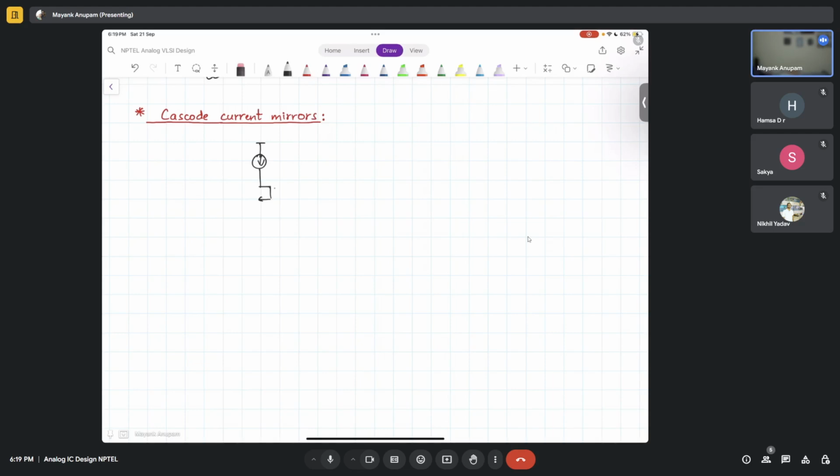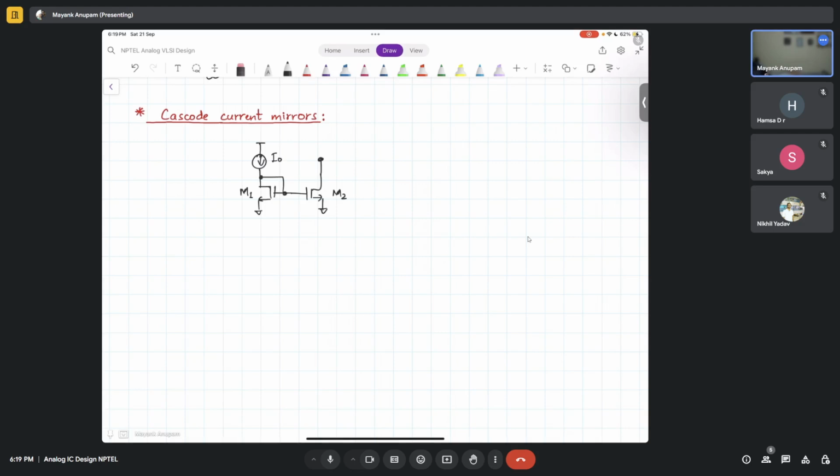For that, let's draw a simple current mirror first. Let's say this goes to some load. This is, let's say, I naught. This is M1, this is M2.